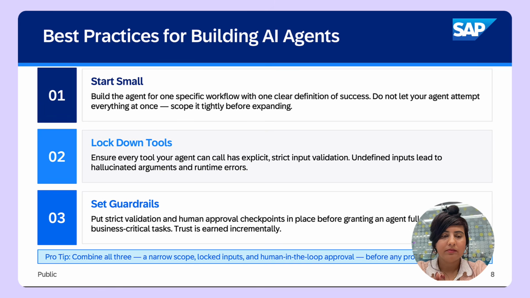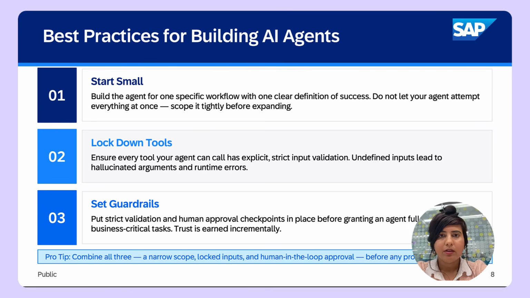The second one is lockdown tools. Tools are nothing but function modules that will be called by passing arguments, like importing parameters. So strict input validation has to be done in order to avoid undefined inputs, because undefined inputs lead to agents hallucinating, and could also crash systems or lead to runtime errors.